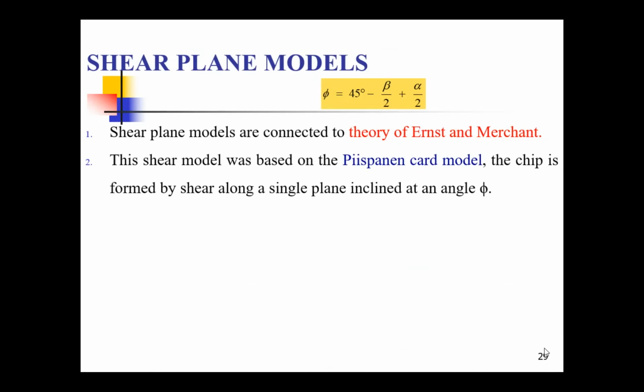This shear plane model is purely based on the Piispanen card model. Earlier I told how the chip is produced. The chip is produced by this Piispanen card model. This is like a stack of cards, playing cards, everybody knows.